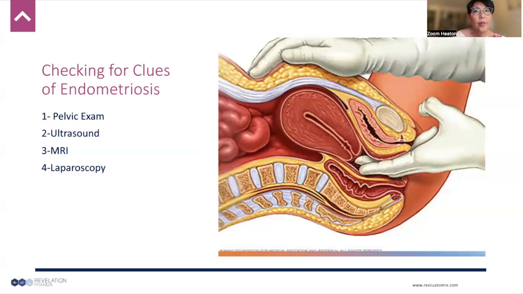Ultrasound, such as the transvaginal ultrasound: a standard ultrasound won't confirm whether you have endometriosis, but it can find cysts linked with the condition called endometriomas. MRI helps with surgical planning since it gives detailed information about the location and the size of endometrial growth.